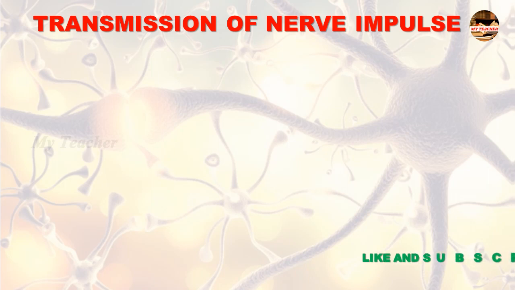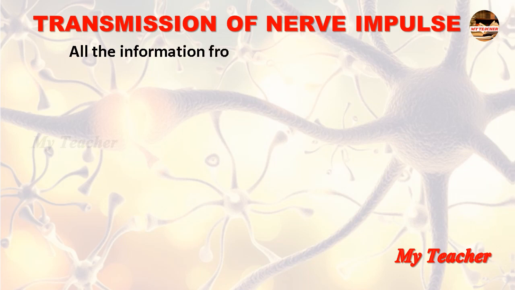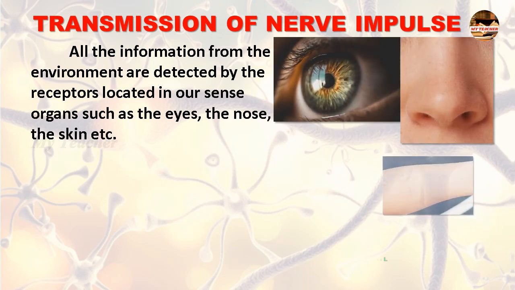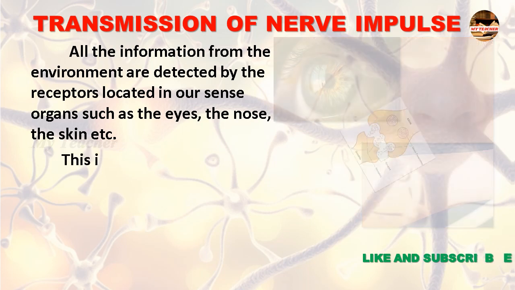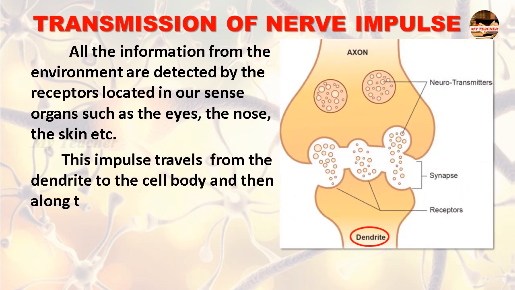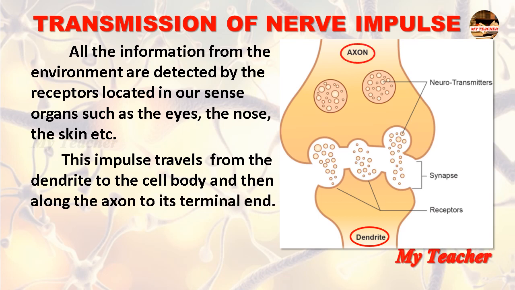Transmission of nerve impulse. Let us discuss how the information is carried by the body and how the response is created. All the information from the environment are detected by the receptors located in our sense organs such as the eyes, the nose, the skin, etc. This impulse travels from the dendrite to the cell body and then along the axon to its terminal end.